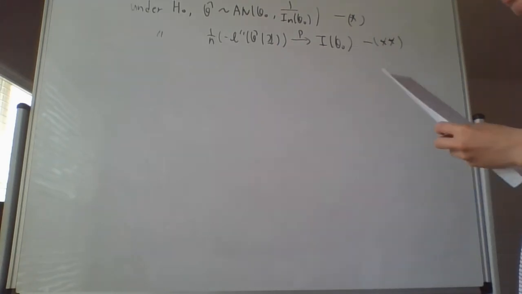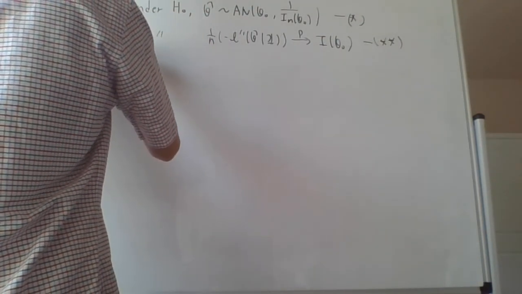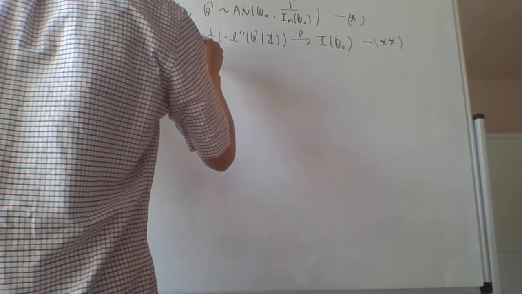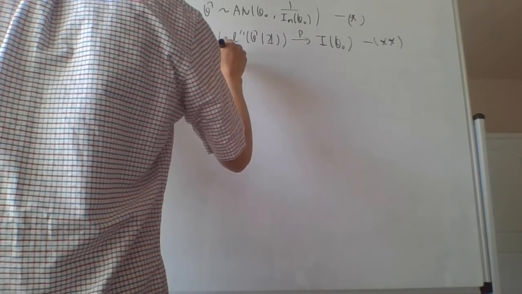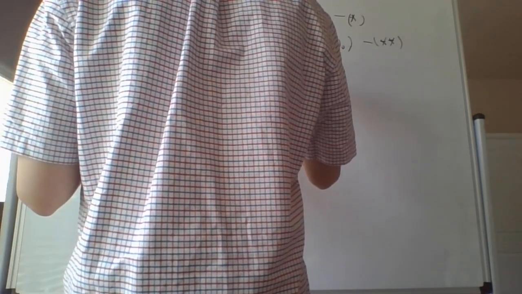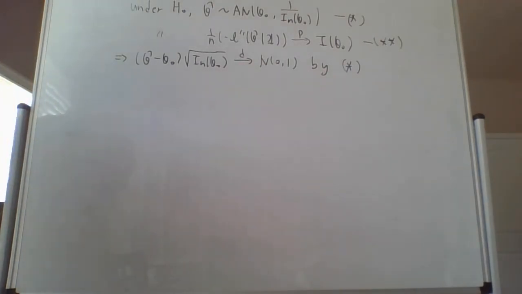So we have these two conditions. From these two conditions, by the first star, theta hat minus theta 0 times the square root of the entire observed information number under theta 0 converges in distribution to the standard normal distribution.